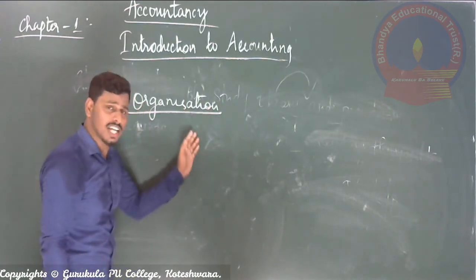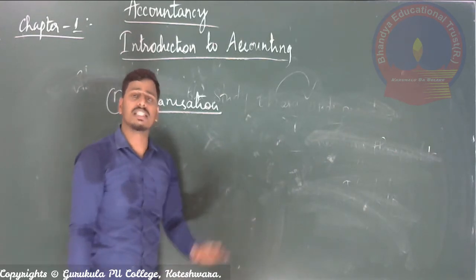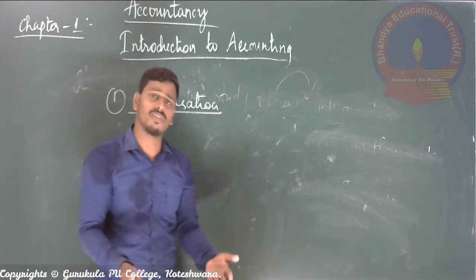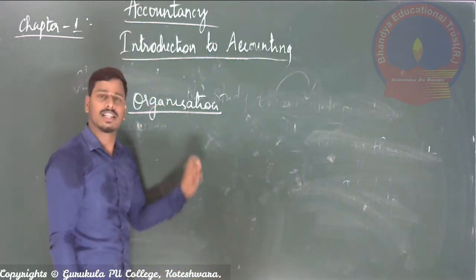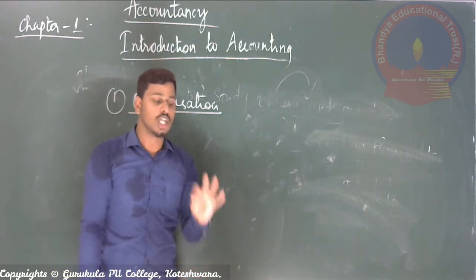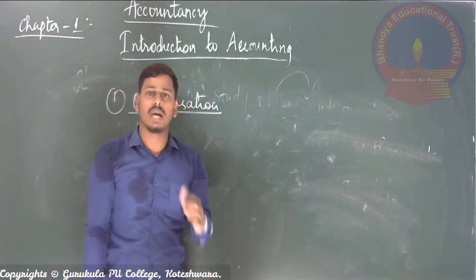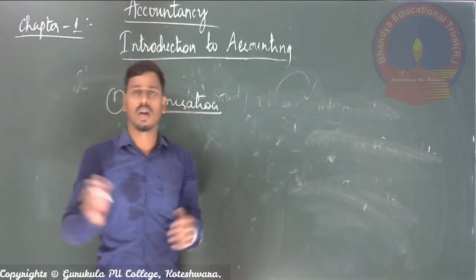So an organization is an entity or institution which operates business or non-business activities with the intention of earning profit or not for profit. Correct? For example, banking institutions, insurance institutions, schools, colleges, hospitals, trading industries, multinational companies, sole proprietorship. They are all called organizations.